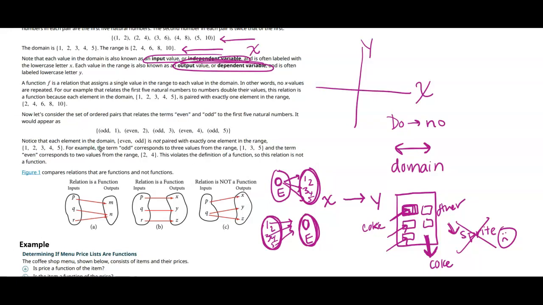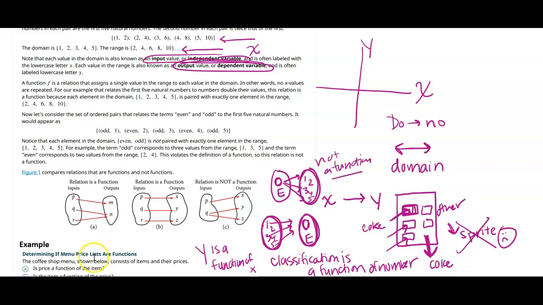So in this case, we say classification is a function of number. We always say that y is a function of x. If that's the case, here, not a function. And there are some more examples in the notes as well.